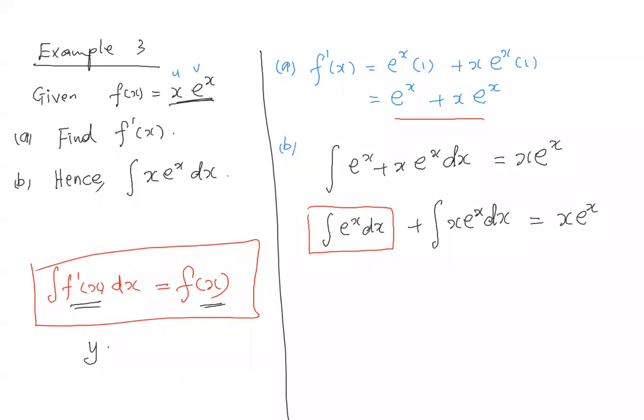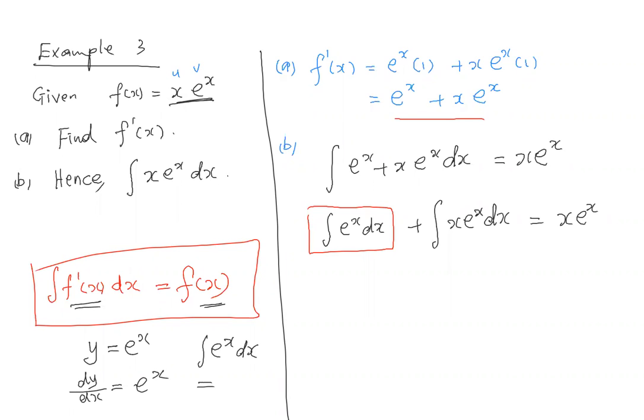If I have y equal to e to the power x, my dy/dx will be what? E to the power x. Am I right? So when I integrate e to the power x dx, what will I get?